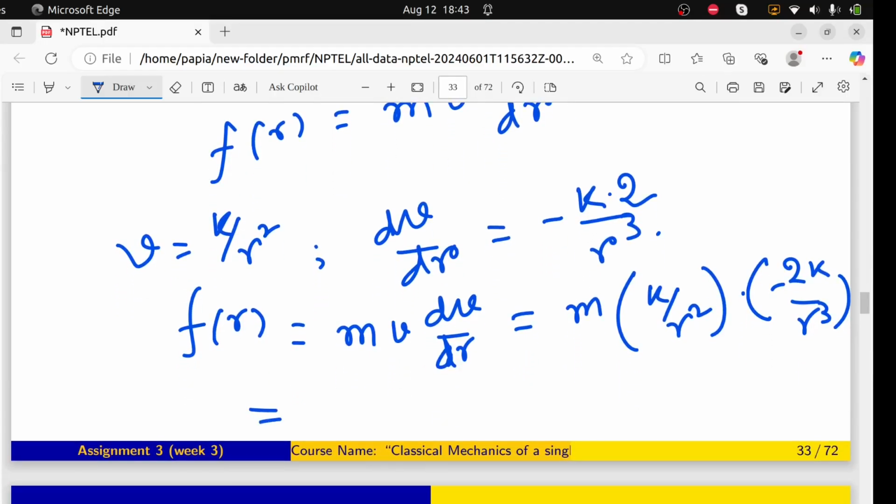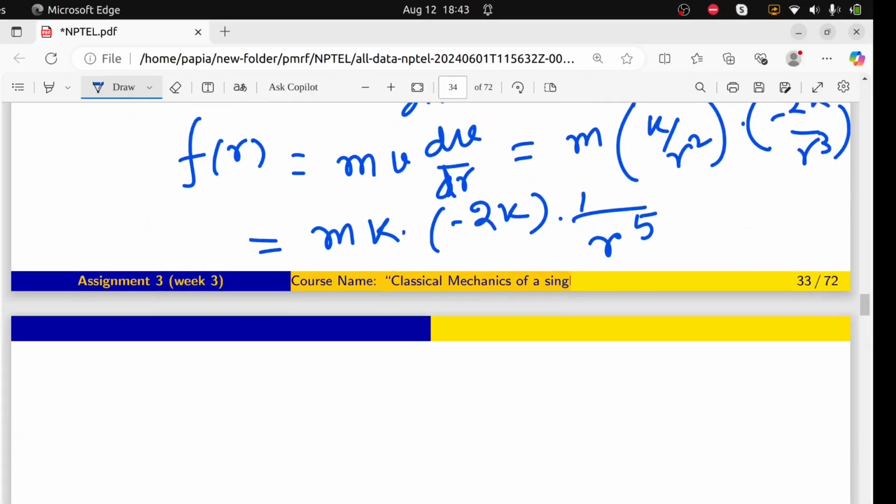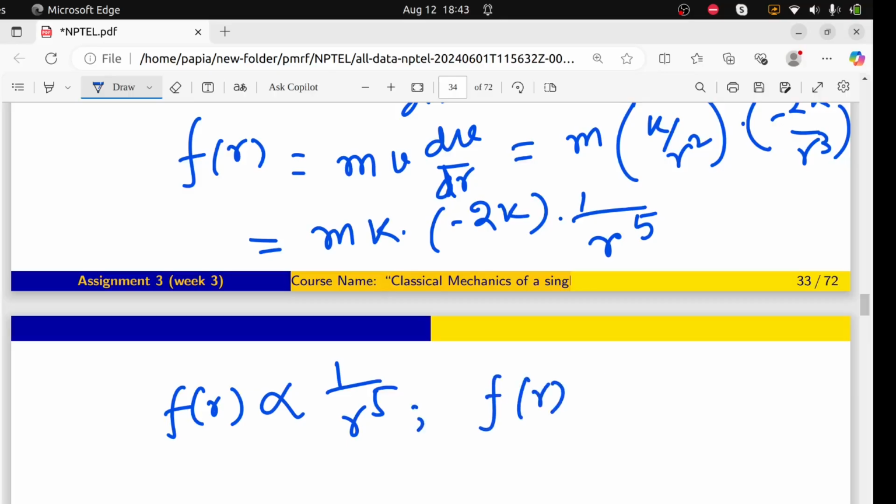I can say mk, then minus 2k is also there, but the main thing is r to the power 5, because r cube is there, r square is there, r cube is there. So we can say that our F(r) is proportional to 1 by r to the power 5. So F(r) can be written as r to the power minus 5, so our n has the value minus 5.